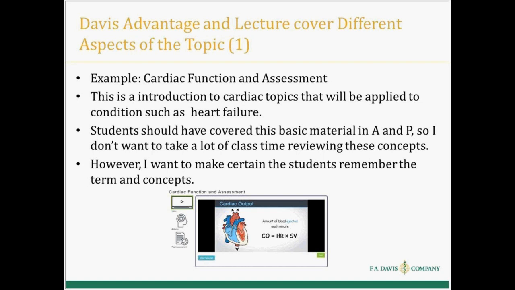Students should have covered this in anatomy and physiology. So I don't want to take a lot of class time reviewing these concepts. On the other hand, before I go into heart failure, I need to make sure that they're up to speed with this terminology they may have forgotten from anatomy and physiology. So what I do is assign the cardiac function and assessment topic through Davis Advantage, and then I don't have to address it further, okay?